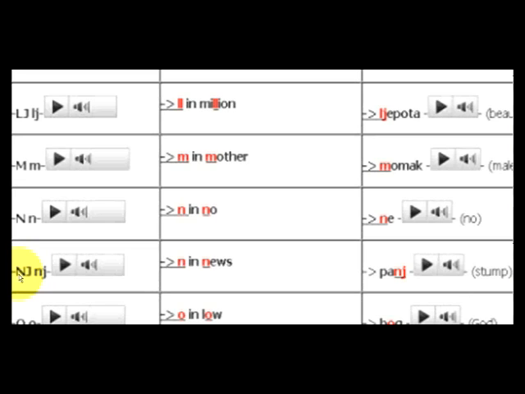Nj. Veliko slovo Nj. Malo slovo Nj. Similar to news.